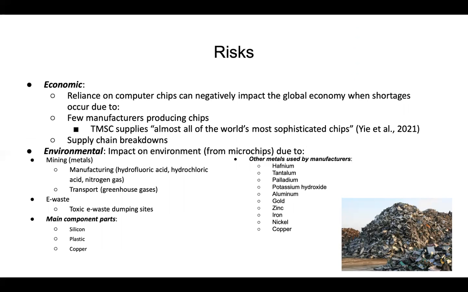Reliance on higher performing and more efficient chips is a double-edged sword, especially with only a few manufacturers like Taiwan Semiconductor Manufacturing, or TSMC, supplying tech industries. So TSMC supplies almost all of the world's most sophisticated chips.